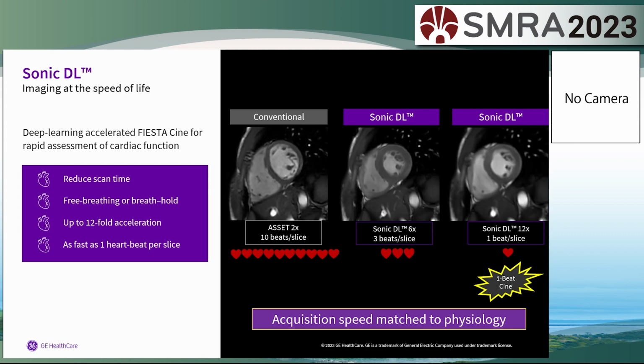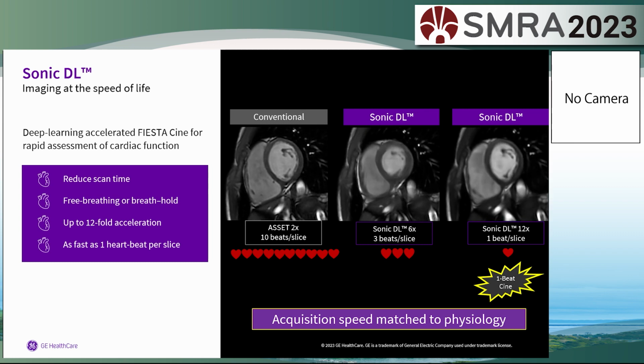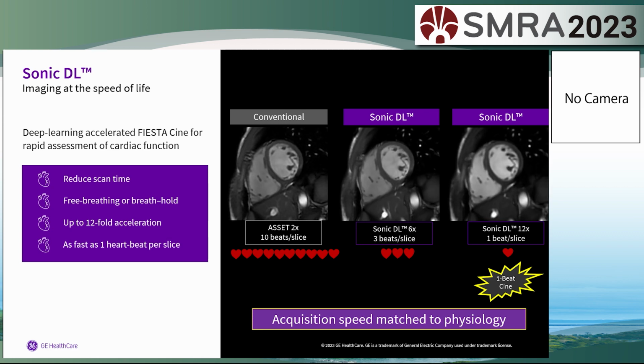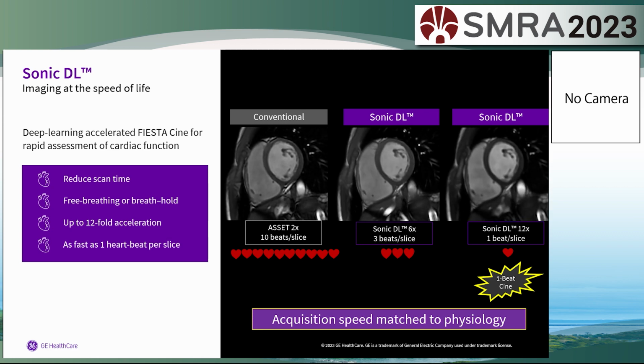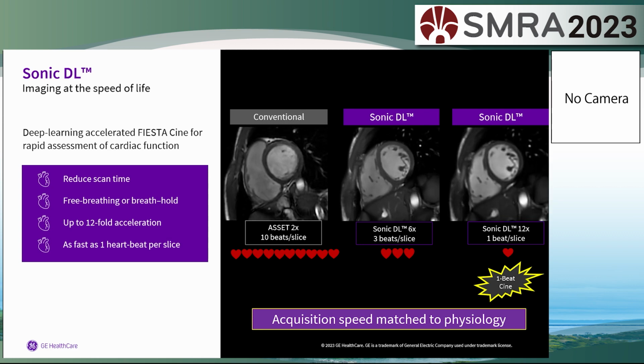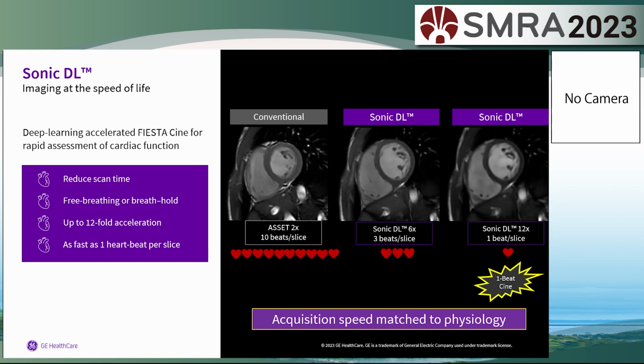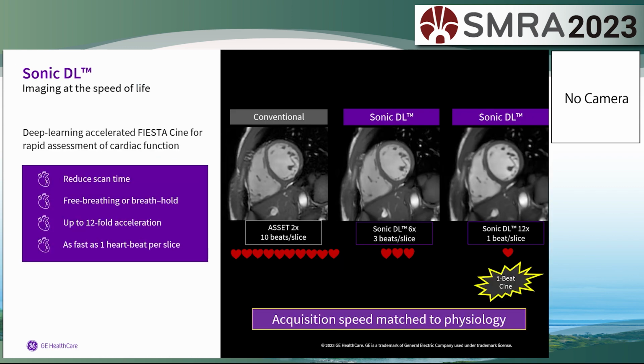The middle image is the Sonic DL with the 3 heartbeats per slice acquisition, and the right image is the Sonic DL with a single heartbeat. Which means the 1-beat cine imaging can be available with our Sonic DL.